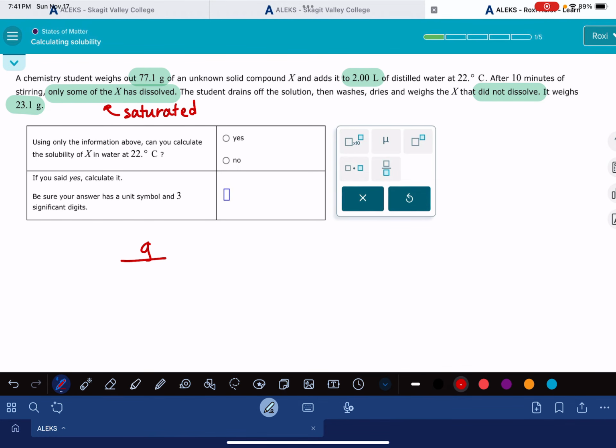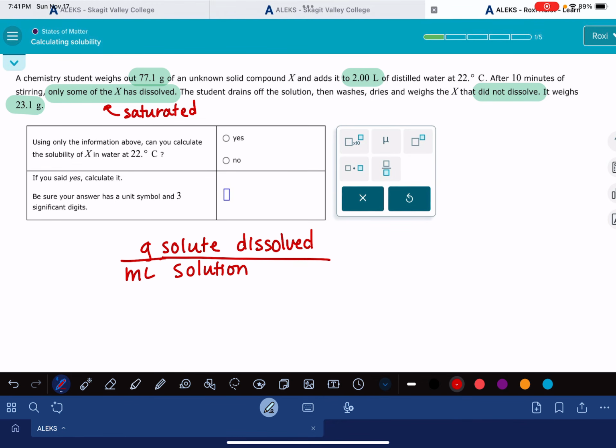Our solubility is grams per milliliter, and that is the grams of solute that dissolved, divided by the milliliters of the solution. So we can see that we started with 77.1 grams original. That's how much we put in there originally. And then the amount that did not dissolve was 23.1 undissolved.